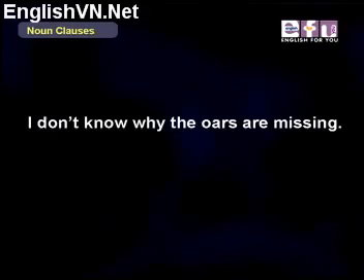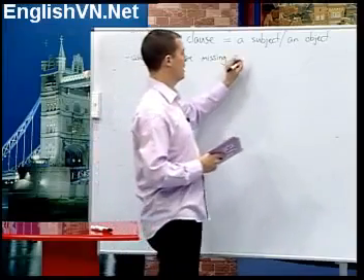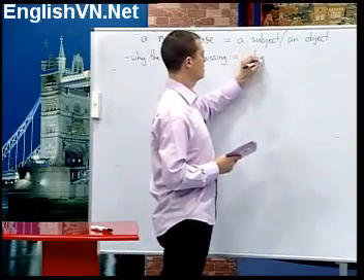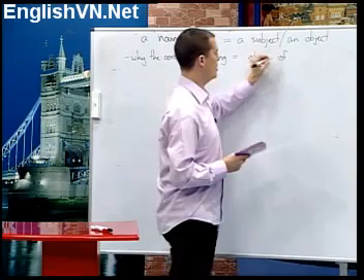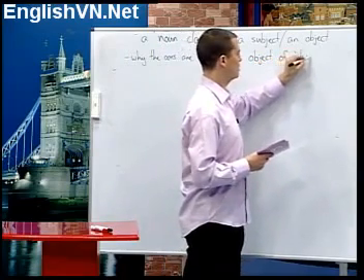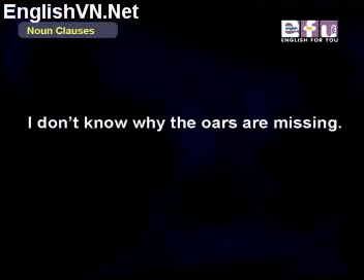This is a noun clause, and it is the object of the verb know. I don't know why the oars are missing.